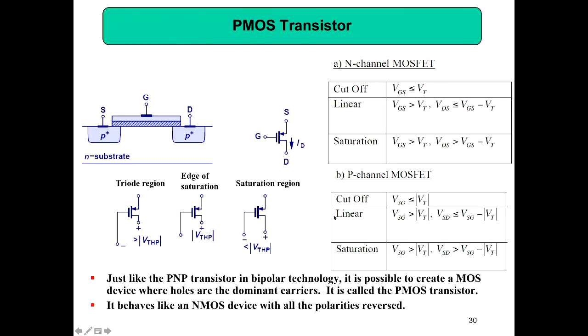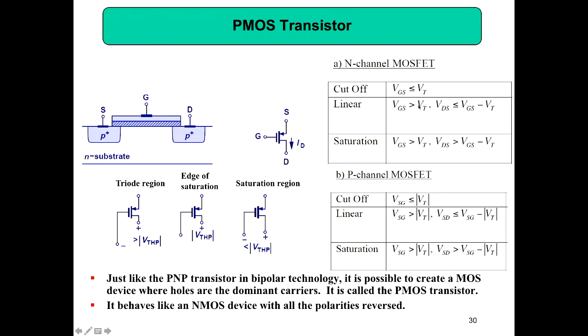In order to turn on your PMOS transistor, you have to make sure that the voltage between S and G, Vs minus Vg, voltage at source minus voltage at gate, should be greater than the modulus of the threshold. And then it is in the linear region if voltage at the source minus voltage at drain, VSD, is less than VSG minus modulus of this Vt.